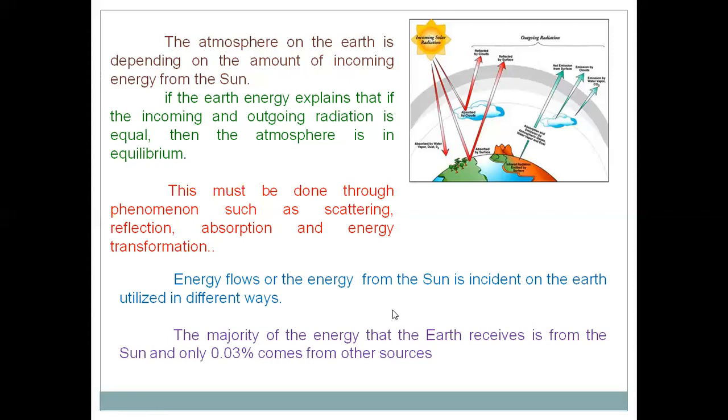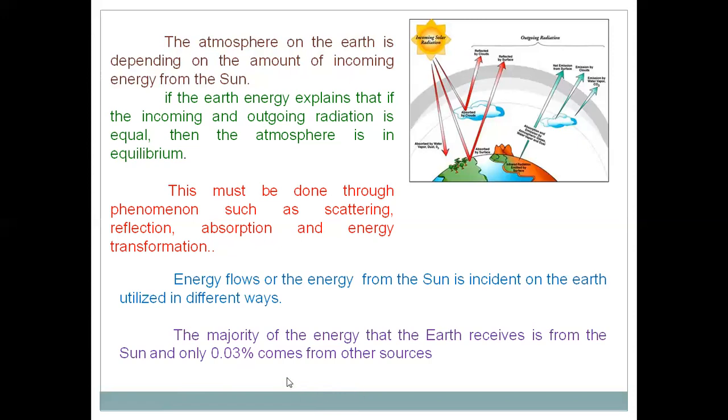The majority of the energy that the earth receives is from the sun, and only a very small fraction is coming from other sources. More than 99.7% of the energy received by the earth is from the sun.